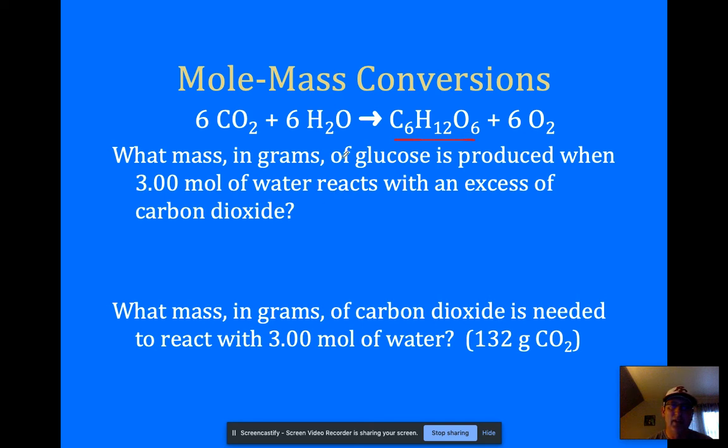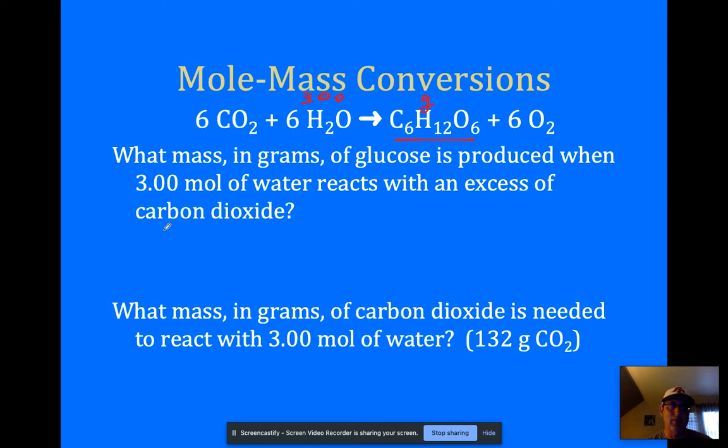So we know what we want, grams of this. And sometimes I'll write a G above that just to know this is what I need, grams of C6H12O6, is produced when 3 moles of water react with an excess of carbon dioxide. So I have 3.00 moles of that. And I have to convert it to grams of that.